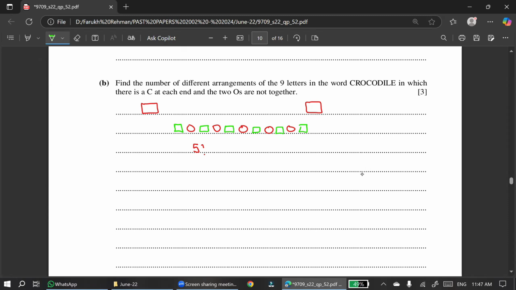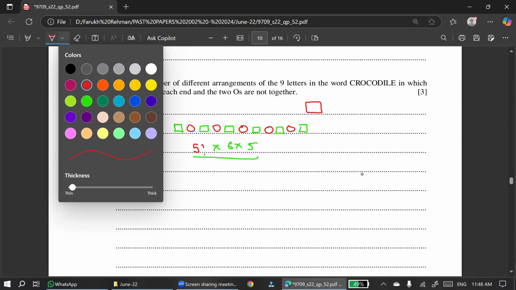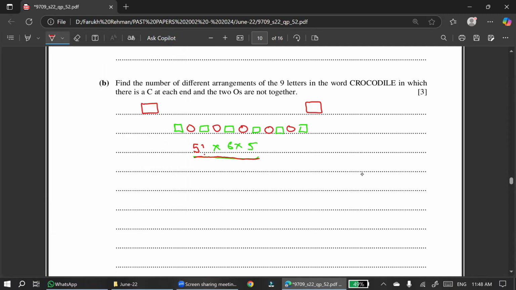There are how many green boxes? 6. How many options do we have to place the first O? 6. And to place the second O, we have 5 options. Now, the repeated letters are the 2 O's, so divided by 2 factorial.